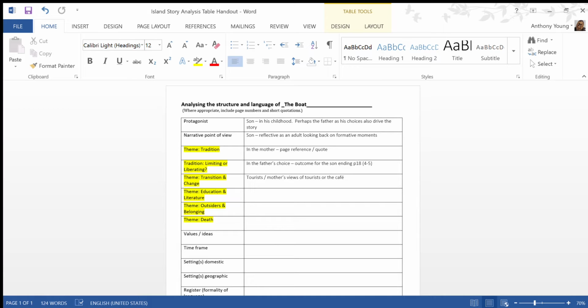Continuing on, we've got education and literature. Obviously, this is the father's room and his habits, and what they do for the son or the daughters.